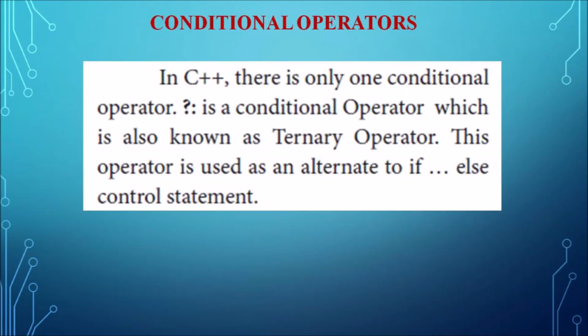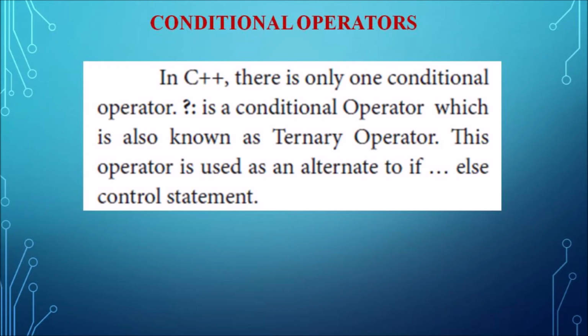And the next one is the conditional operator. From the name itself, it is going to check some condition. We have already seen in the logical operator that you have relational expressions. It has some condition that has to be solved, whether it is true or false.